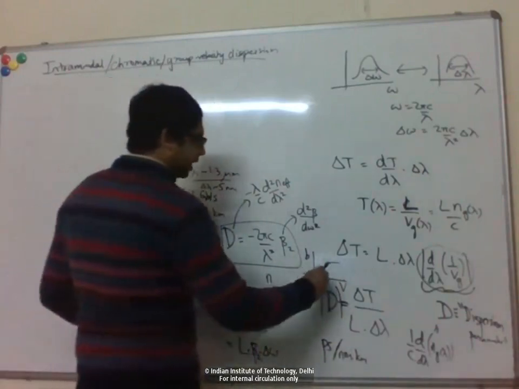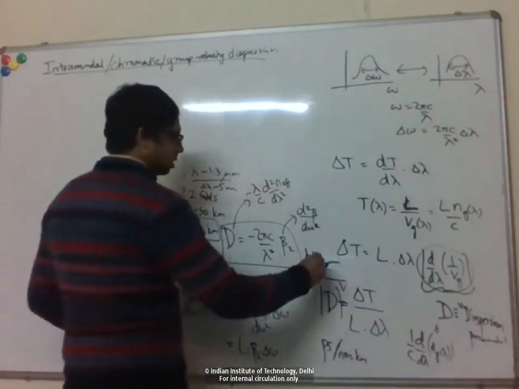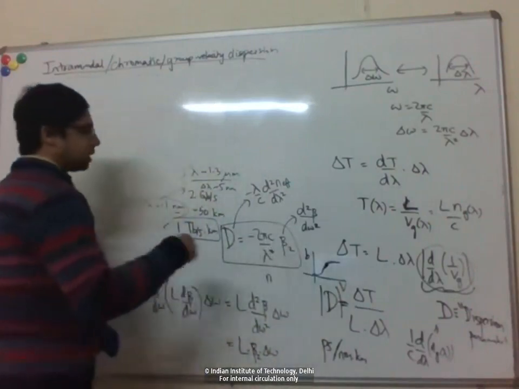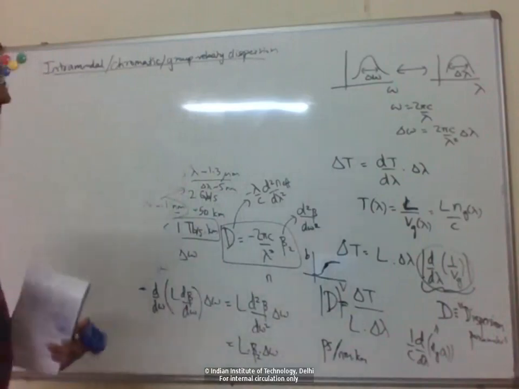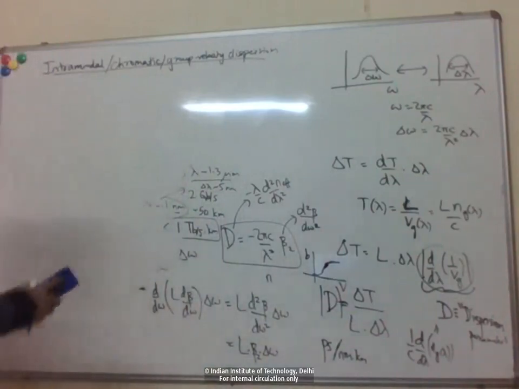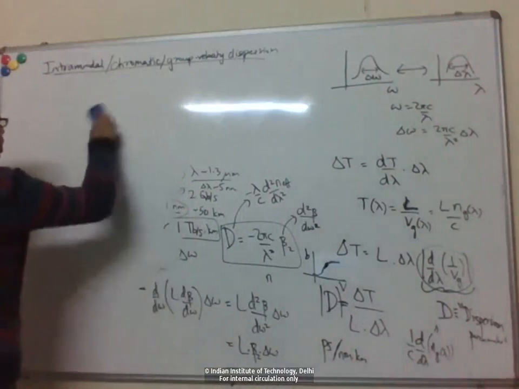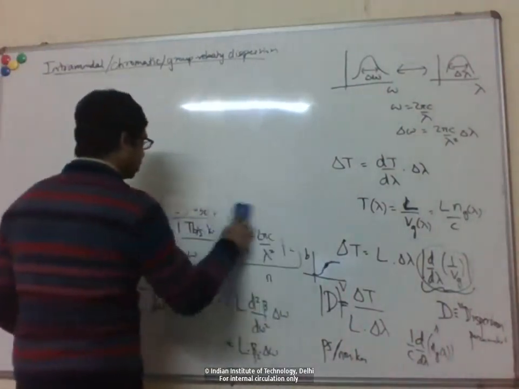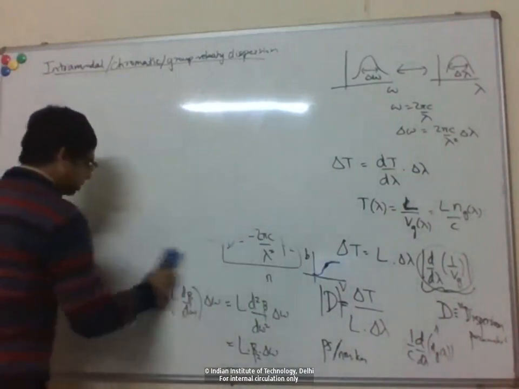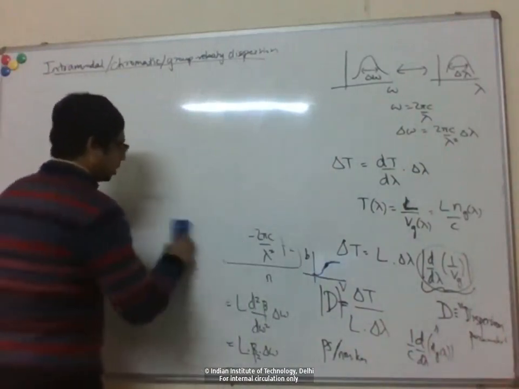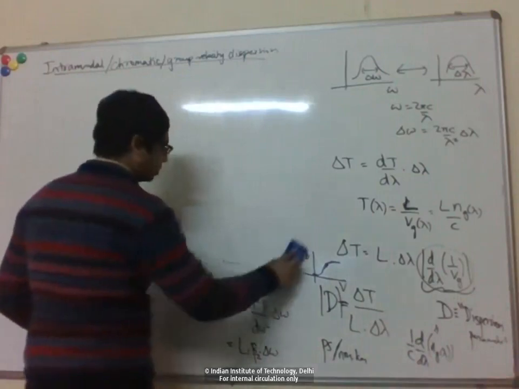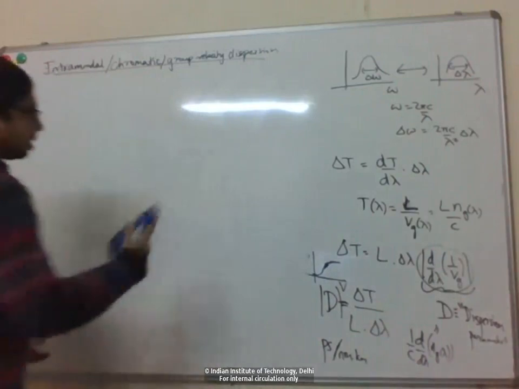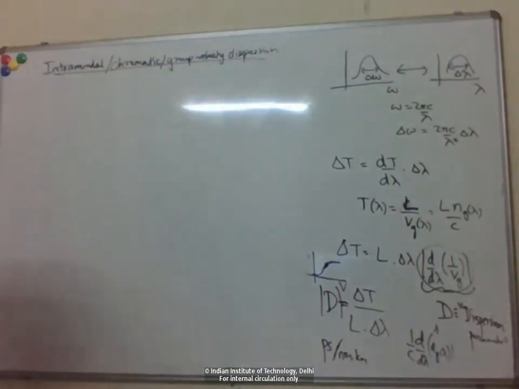Just from the waveguiding effect itself, there is a dependence of the group velocity on the frequency. That is the waveguide contribution, or the waveguide dispersion. Okay, so these are the two contributing factors, and we look at each of them individually, specifically for our single mode fibers made out of silica that are used in optical communication systems.